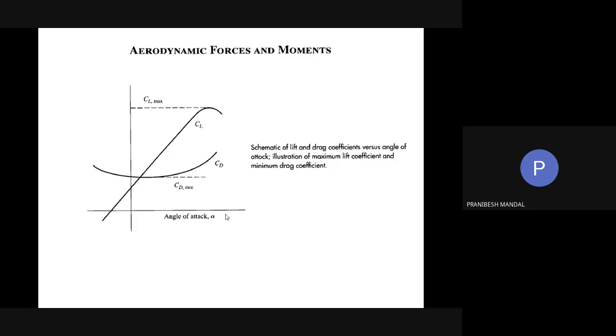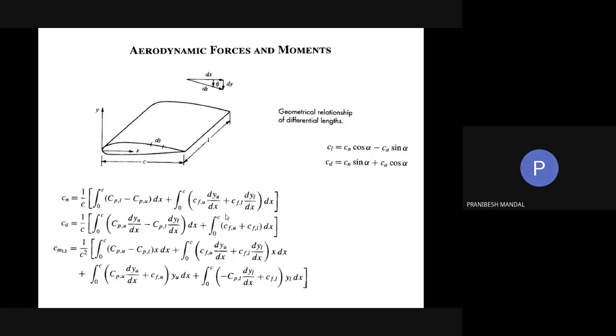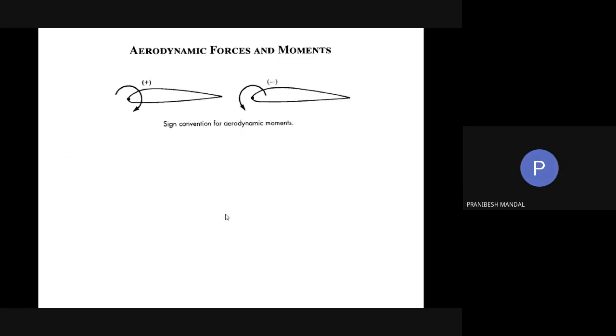Anybody having any query, please. Sir, when the angle of attack is zero, why is the CL positive? That I will answer in the next class. Okay, sir. Because the aerofoil is actually not symmetric. You see, the upper and lower surfaces are not symmetric.